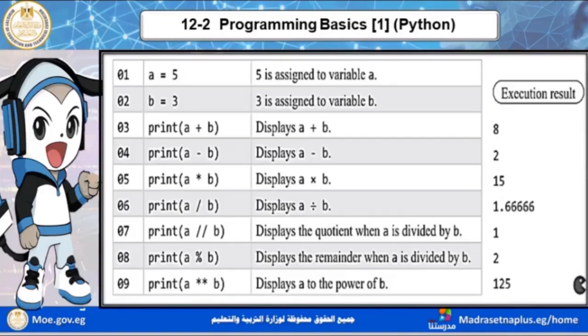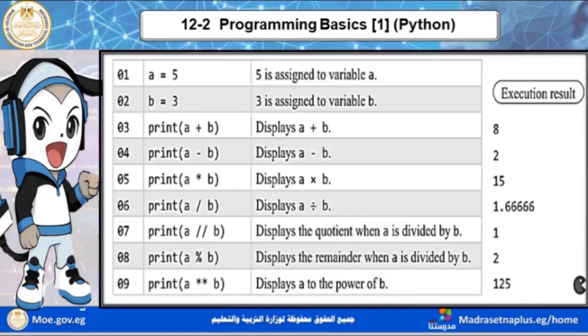Here we can use the real division. Print a slash b means in math a divide b. The result is equal to 1.6666. We show here the real number, the number after the dot.